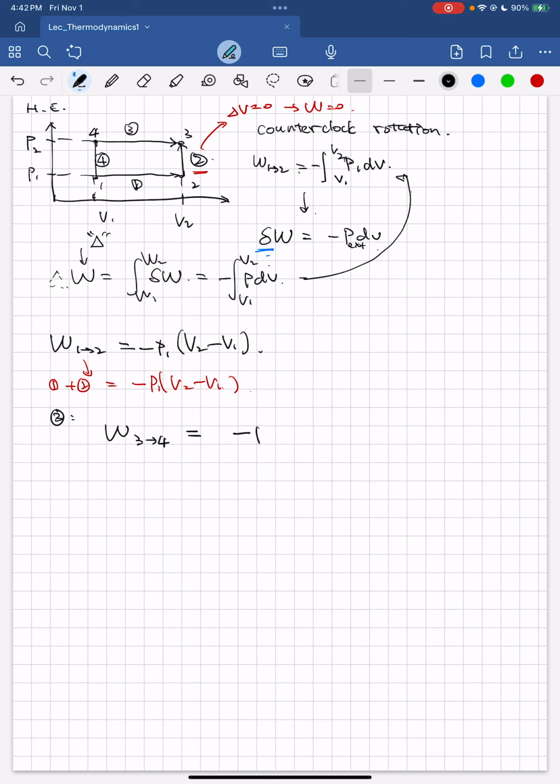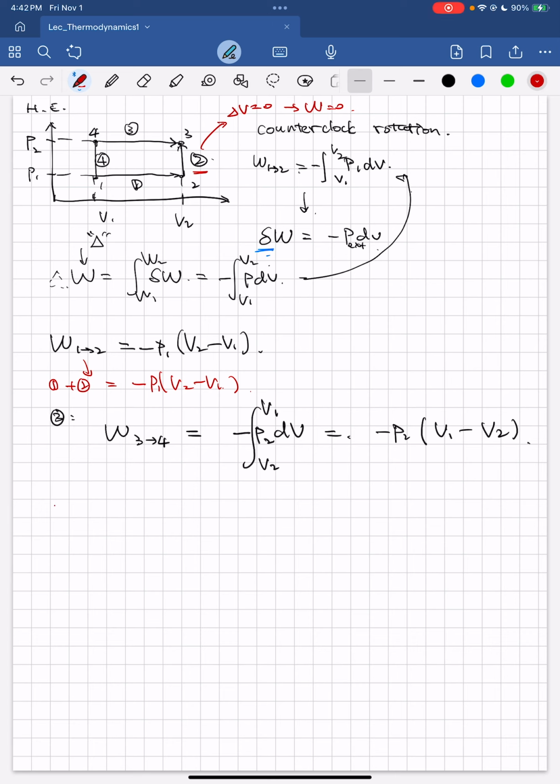Now 3 to 4 is minus P dV. P is P2 now, right? Because we're here now. So V2, right? From V2 to V1. So it's going to be minus P2 (V1 minus V2). And 4 to 1 is, of course, 0.